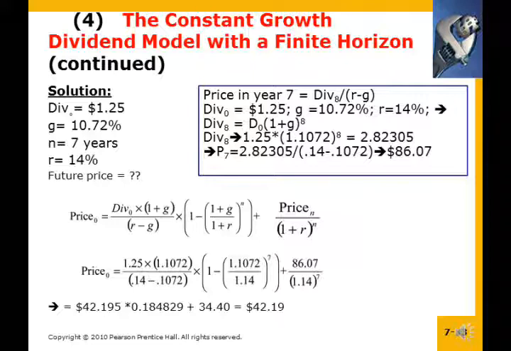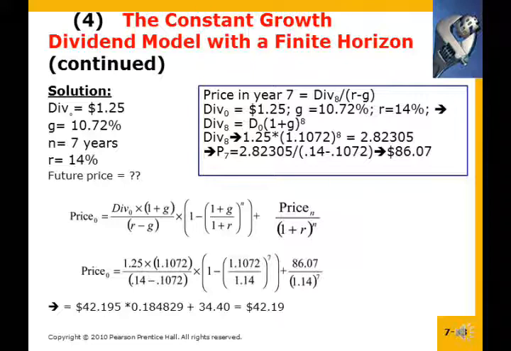So price 7, which is price n in our formula, is equal to 86.07. Please take care that you calculate price 7, but not the third part of the formula.